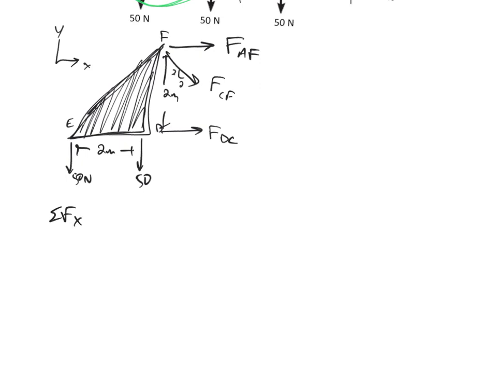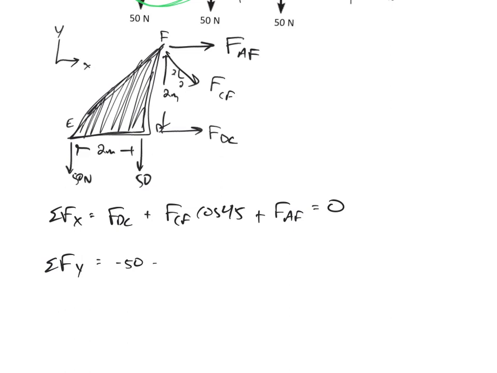Summing the forces in the x direction, FDC plus FCF cosine 45 plus FAF is equal to 0. Summing the forces in the y direction, negative 50 minus FCF sine 45 equals 0.